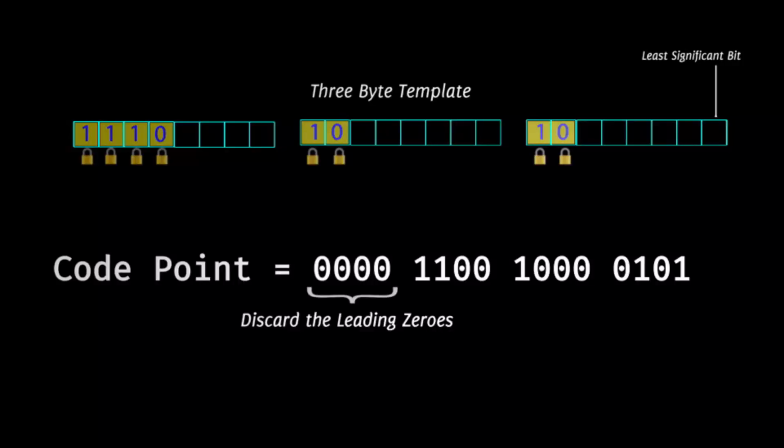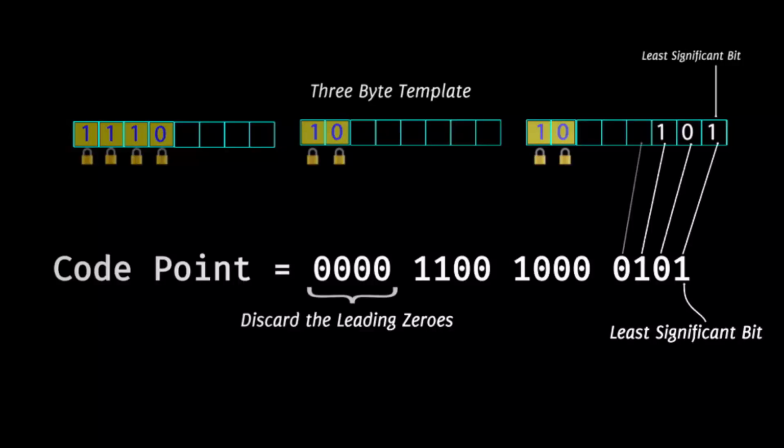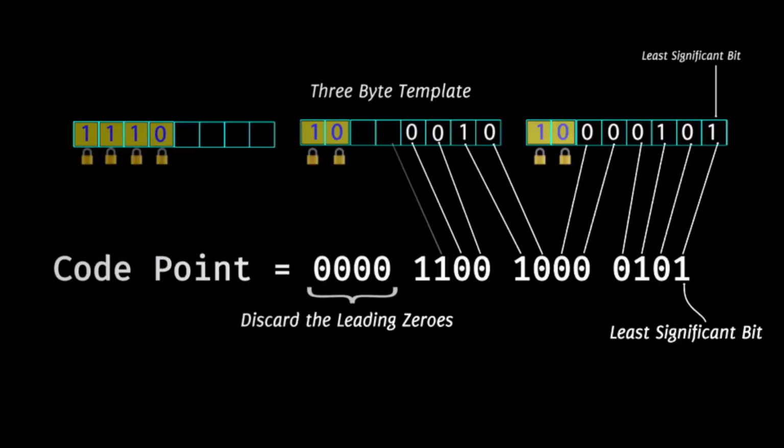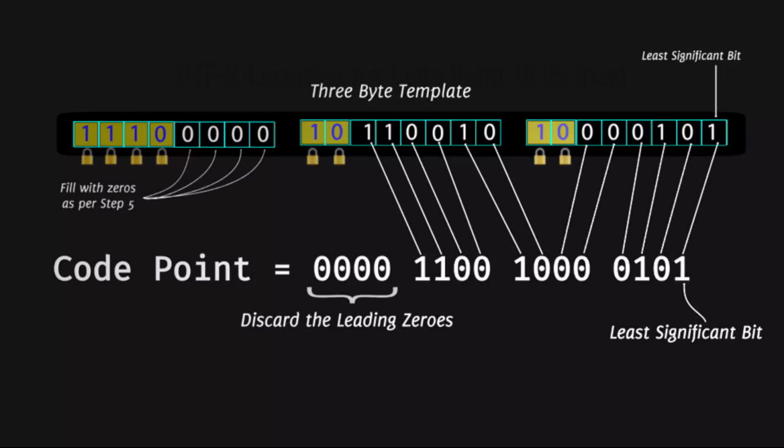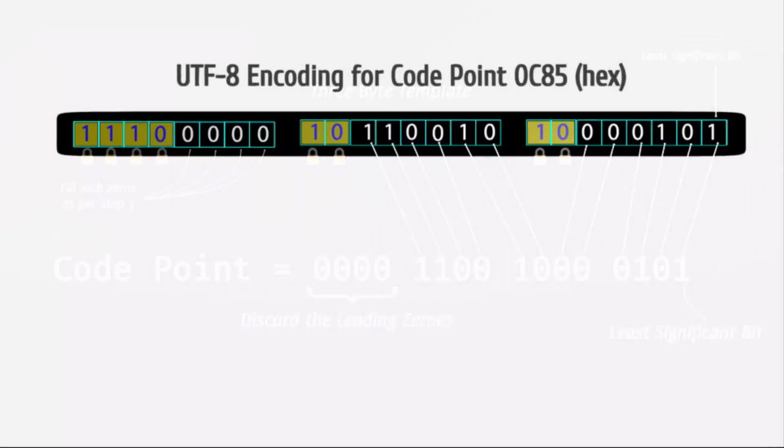Remember to discard the leading zeros. Copy the bits starting from LSB. Note that there are unfilled slots in the template. According to step 5, we are supposed to fill them with zeros, and so we have done it. We have the UTF-8 encoding for the code point C85 hex.